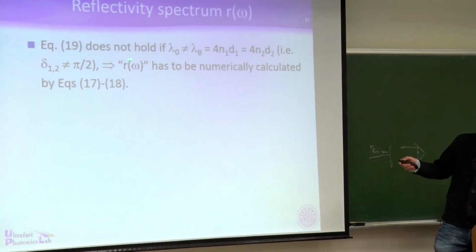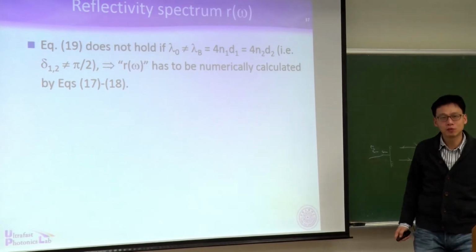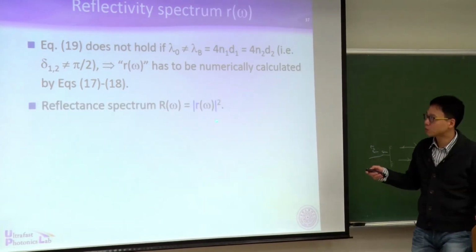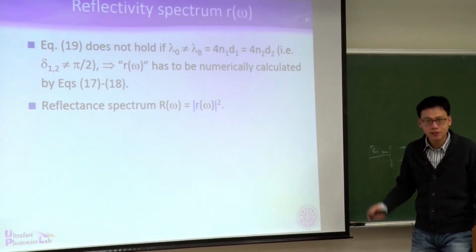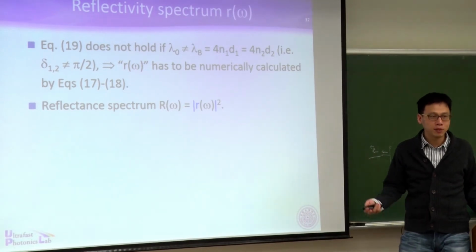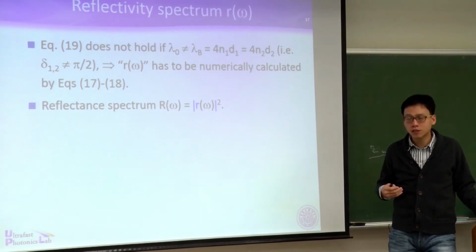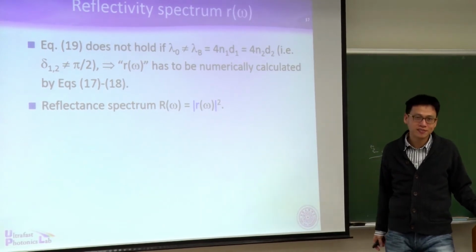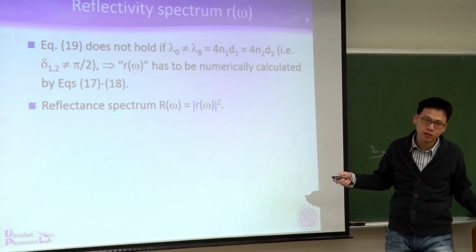Then you have the complex spectrum for the reflectivity, right? If you take absolute square, you got reflectance spectrum. As I mentioned, it means for different colors, the percentage of reflected power changes. That's the meaning of reflectance spectrum.